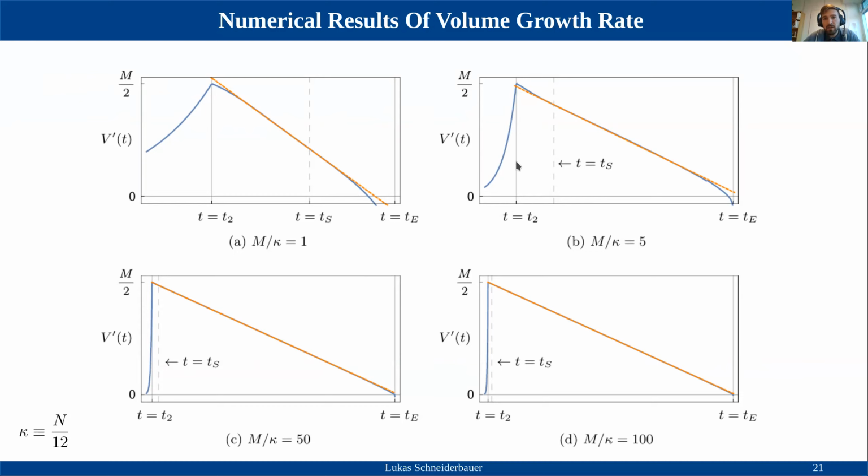We see this behavior: before the creation time, there is some onset of complexity growth, and it essentially goes to m over 2, which is the same value we would get in the classical case. Then there is some time it needs to settle, which coincides with the scrambling time of the black hole.